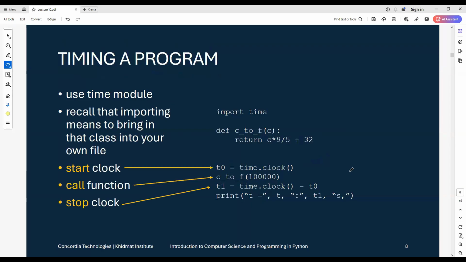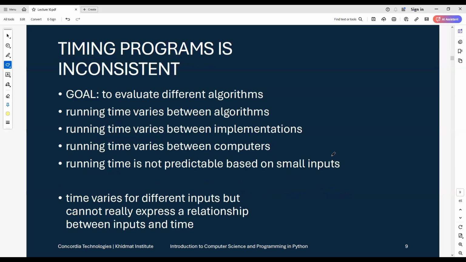Now, this is the first example of using a timer to see how much time a program takes. We can start the clock before doing something, then do something, check the timer again, and then print how much time it took. This simple function of converting Fahrenheit to centigrade, Celsius, or the other way around, takes in a number, does some calculation, and gives us the answer.